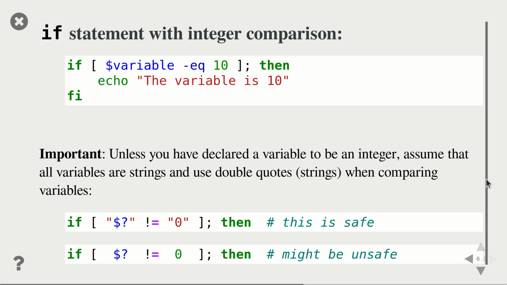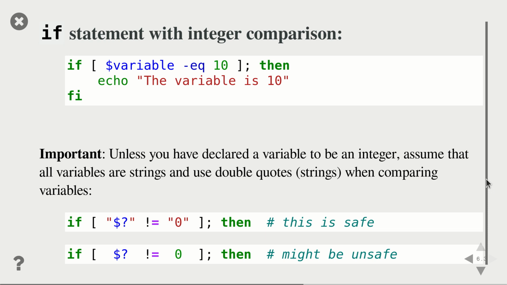a string comparison. So the way you convert a variable to string is to simply add double quotes. Right? So for instance, here's the special variable $?. It tells you if the last command was executed successfully or not. I'm not sure, but the value of this can either be 0 or 1, depending on whether the command was successful or not.